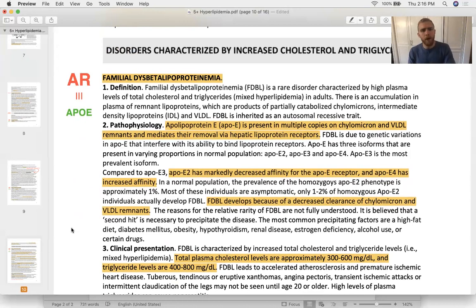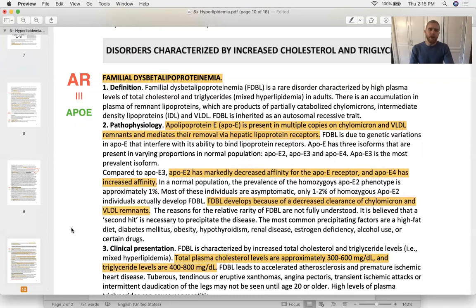So now let's talk about familial dysbetalipoproteinemia. This is a type 3 Fredrickson, and it's characterized by increased VLDL and increased triglycerides. And this is the first disease in this SDL that presents with an increased triglyceride count. Familial dysbetalipoproteinemia is a defect in the apolipoprotein E gene.